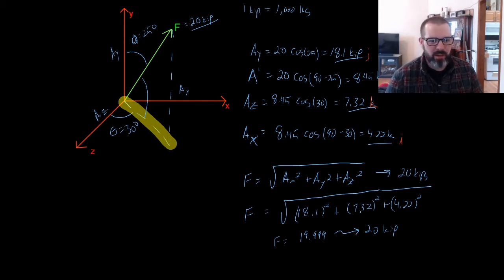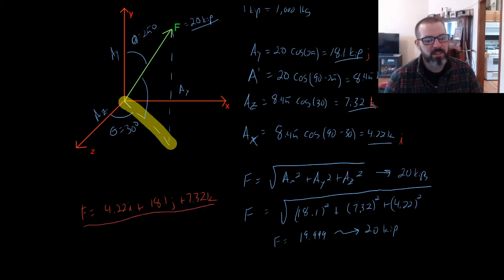So it would have been much nicer, instead of saying that this is 20 kips with an azimuth angle of 25 and a transverse angle of 30, to tell you you have a force that is equal to 4.22 I plus 18.1 J plus 7.32 K. This is a much easier way of representing a force, because everything is contained in this and you can operate on it directly.